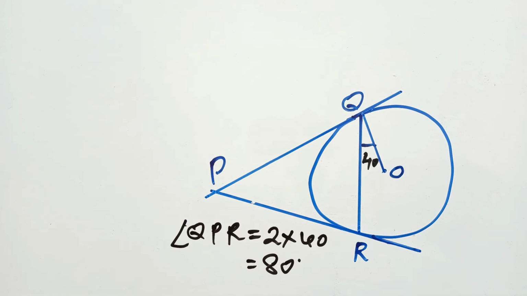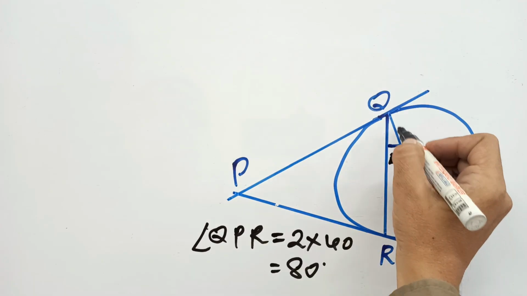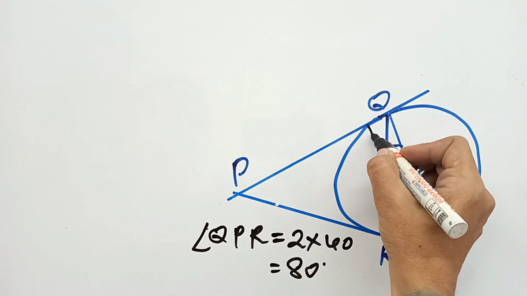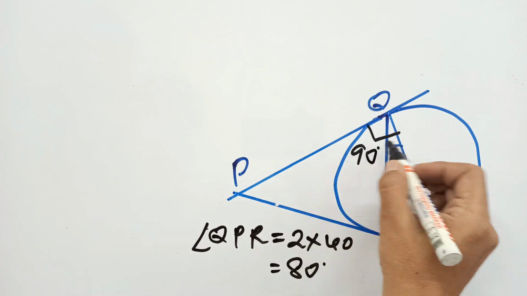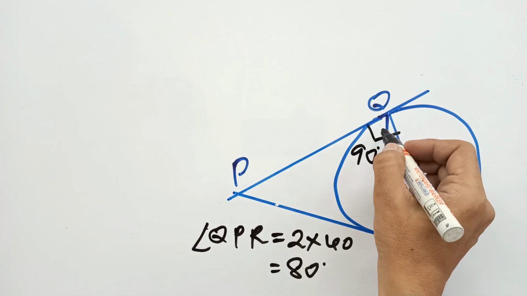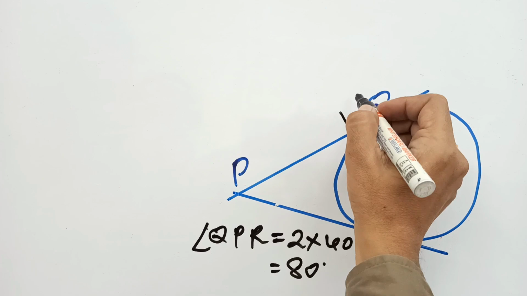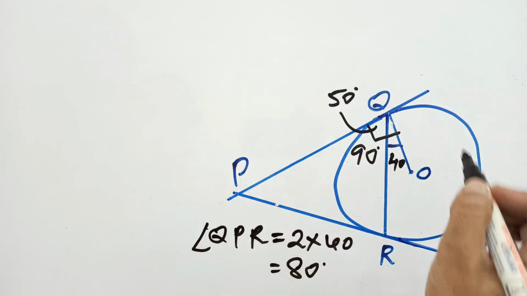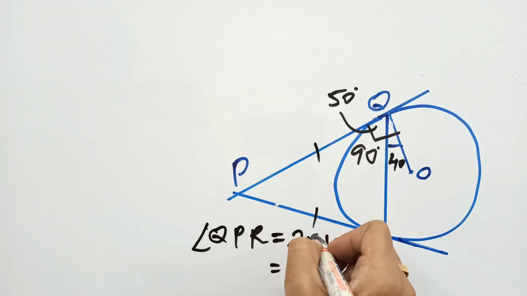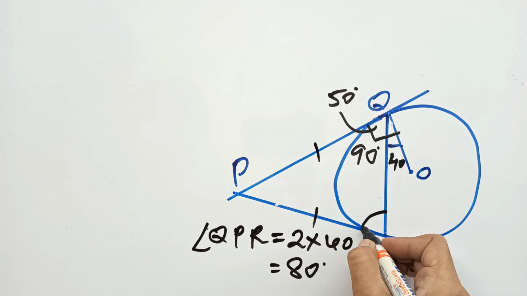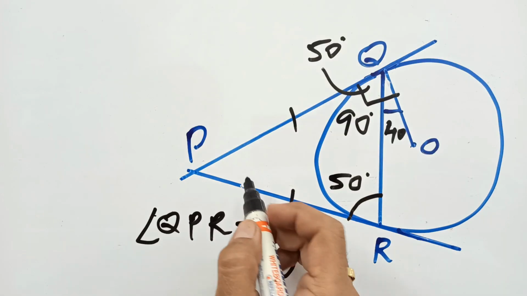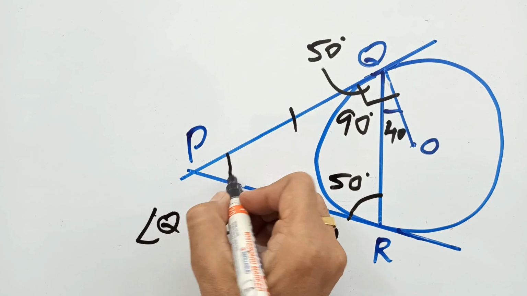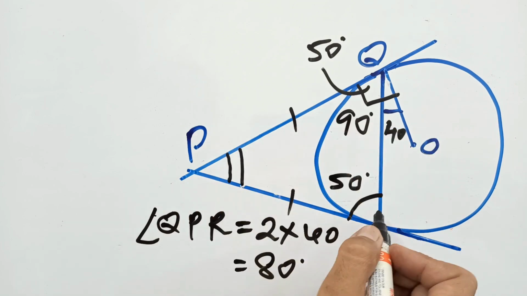But suppose it is asked in a 3 marks question: radius is perpendicular to tangent, so this is 90 degree. So 90 minus 40, this portion will be 50, and the tangents are equal, so this will also be 50 using the isosceles triangle property. Now we can find this one using the angle sum property.